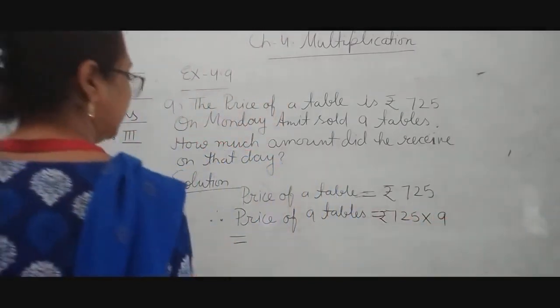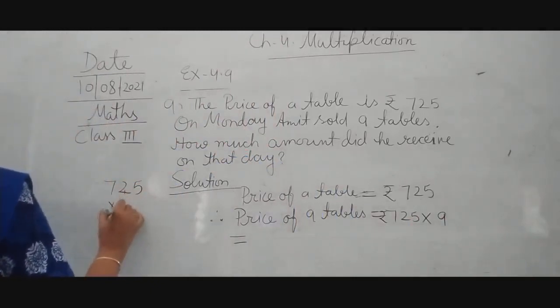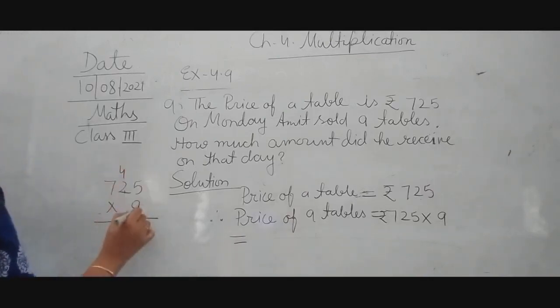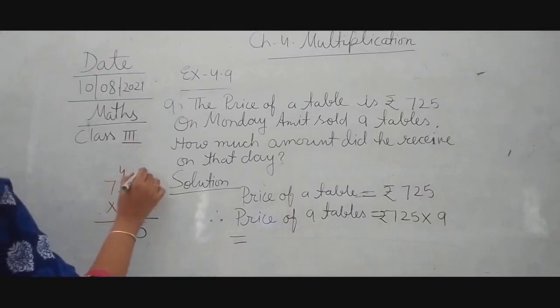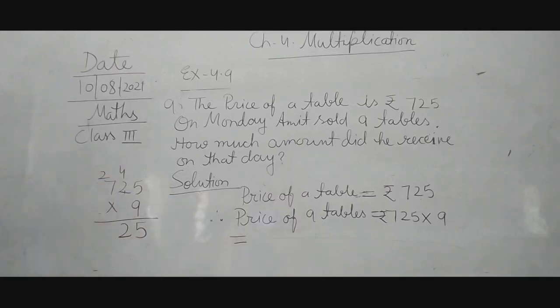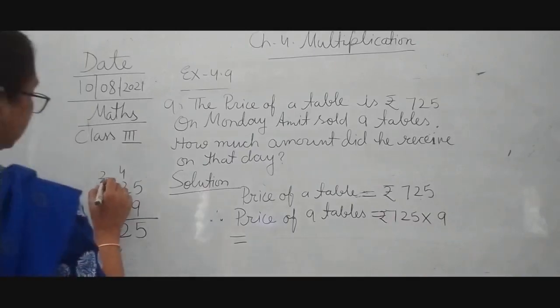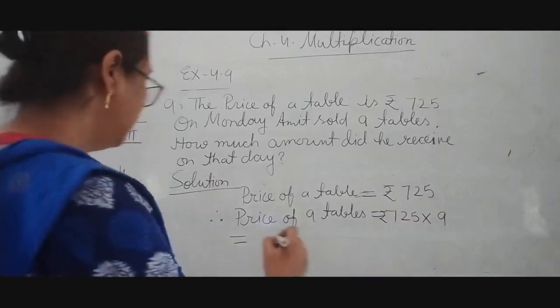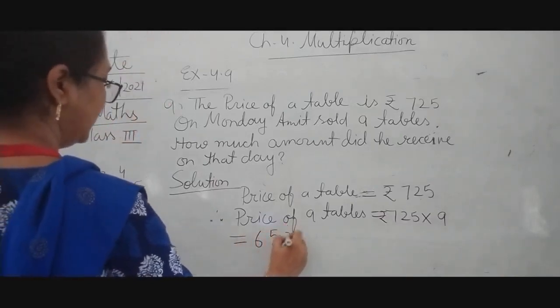So what will we get? 9 5s are 45, 4 will be carry over. 9 2s are 18, 19, 20, 21, 22, 2 will be carry over. 9 7s are 63, 63 plus 2 is 65. So here 6,525 rupees.